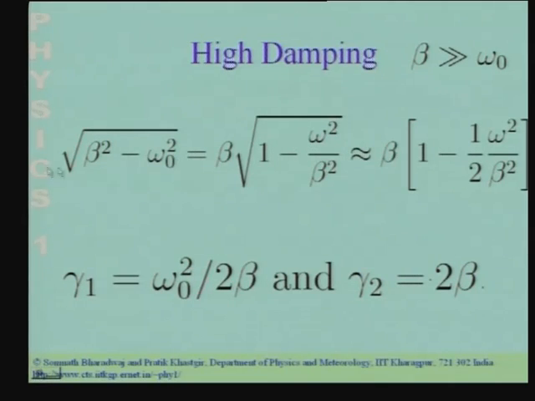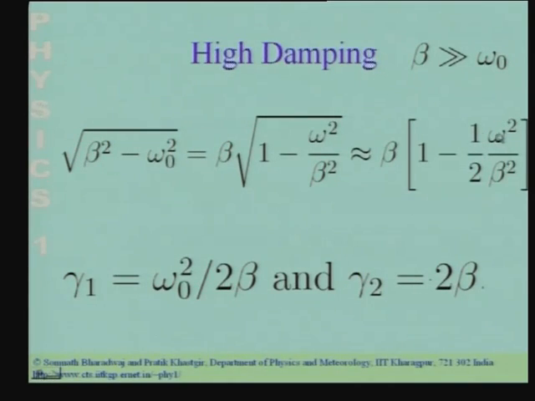We can take beta common outside. So, you have beta into the square root of 1 minus omega naught square by beta square, and since beta is much larger than omega naught, you can do a Taylor series and retain only the first term. So, you will get beta into 1 minus half omega naught square by beta square.